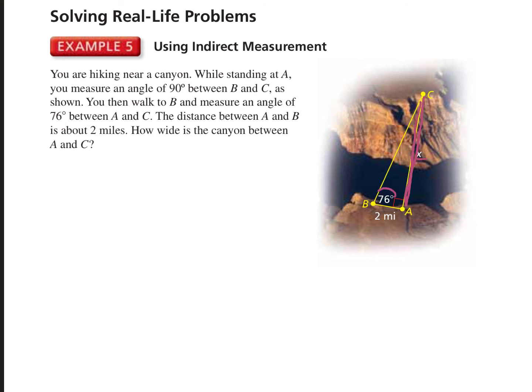So we're going to use 76 as our theta, and x would then be opposite, and 2 is adjacent. Let's see what involves opposite and adjacent in our SOHCAHTOA.